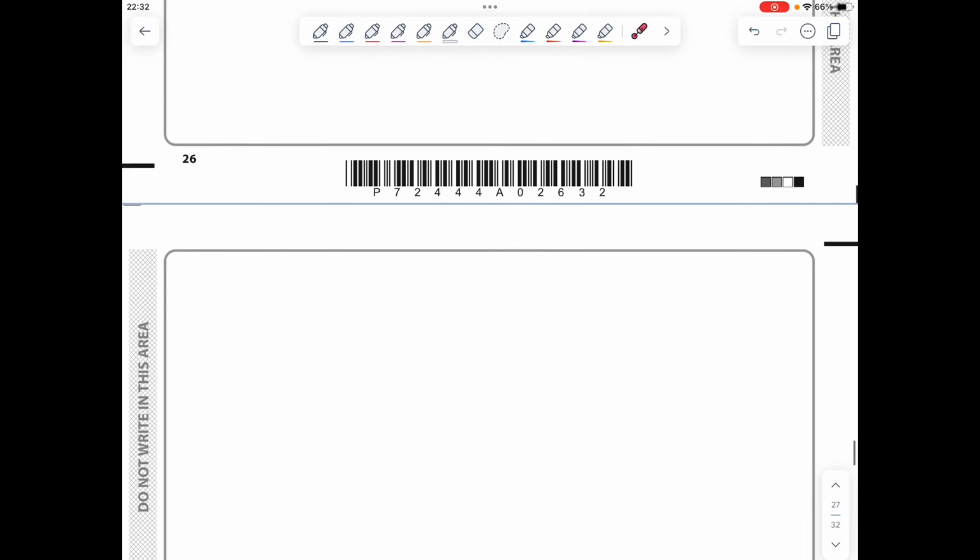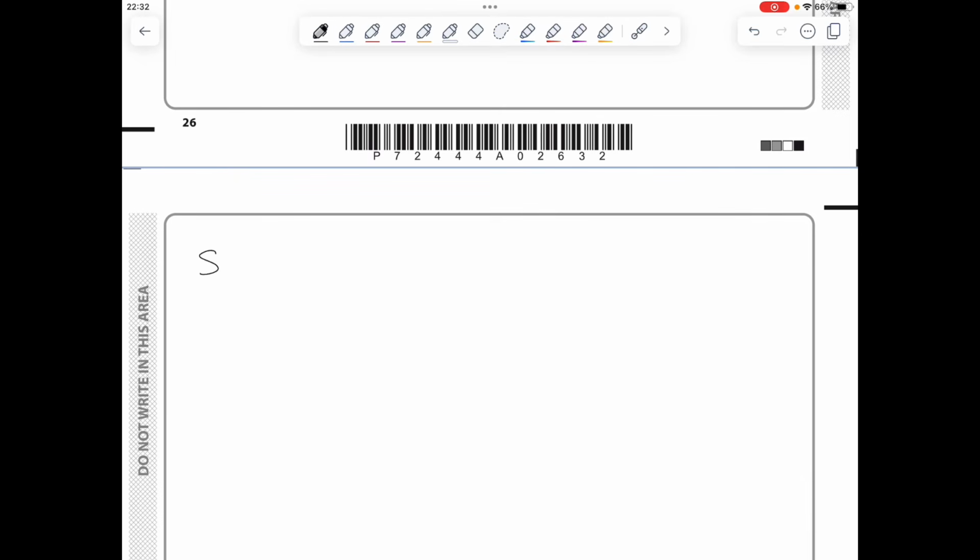So I'll go to the last page and write surface area is equal to pi r squared, which is the circle at the base, plus pi r L. So my first target is to find an expression for L in terms of K and r.